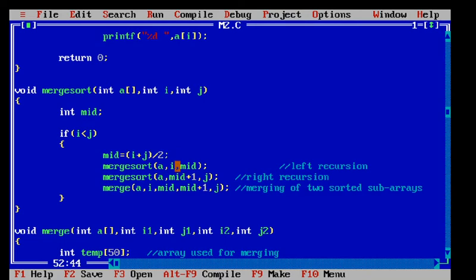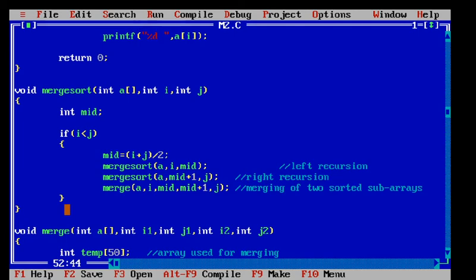Now we recursively call the left recursion, merge sort a comma i comma mid, and the right recursion, merge sort a comma mid plus 1 comma j. This is the second list and this is the first list. Now we pass merge a comma i comma mid comma mid plus 1 comma j, and close the if condition and close the merge sort function.